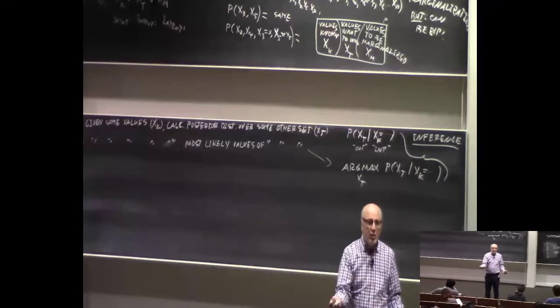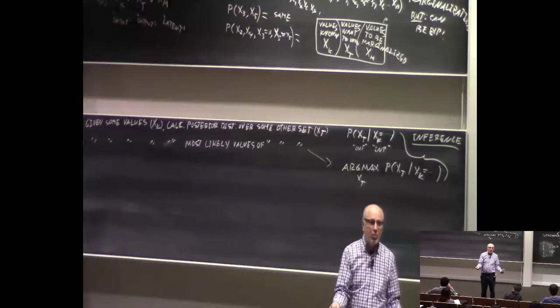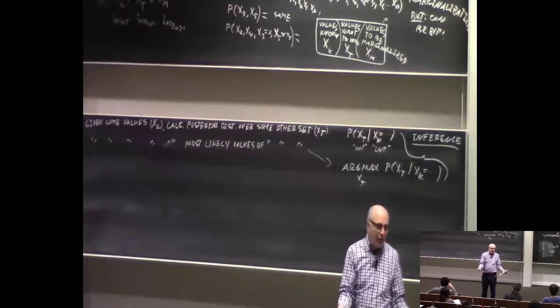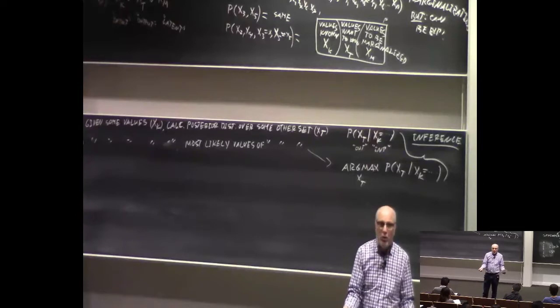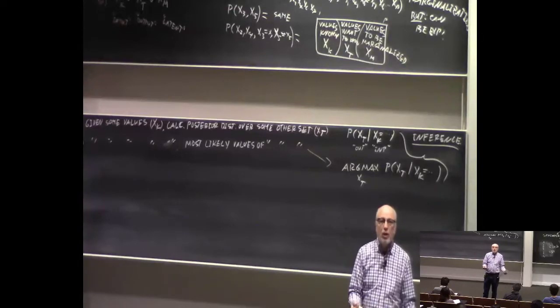You know the variables that I called x sub k. You want to learn about the variables that are called x sub t. Learning about them can come in one of two flavors usually. You want to know their full probabilistic distribution, the posterior distribution, that's Q1, or you want to know the most likely assignment.